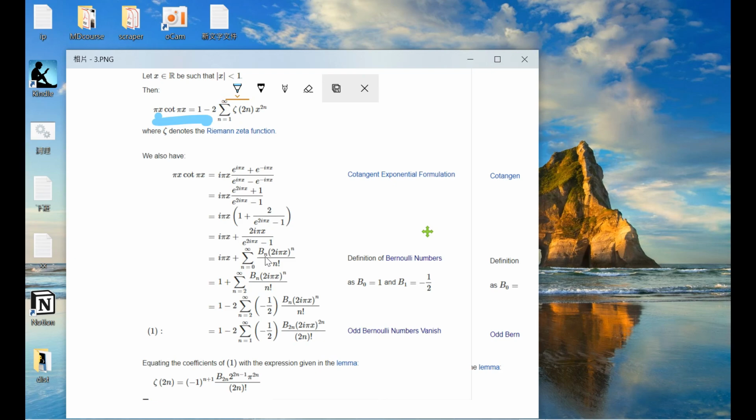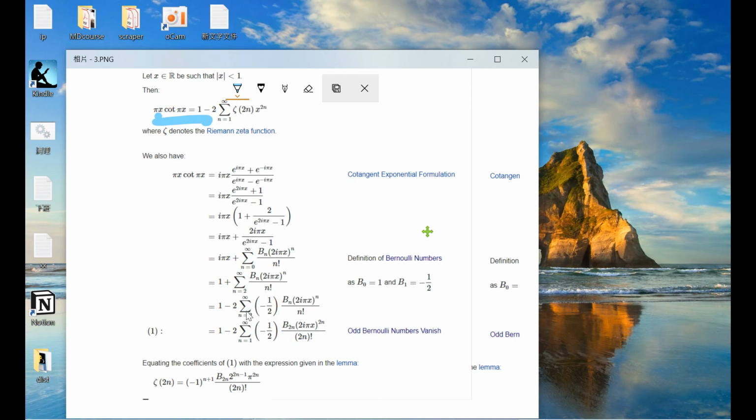So for n equals 1, the i pi x term cancels. This is because x cotangent pi x is an even function, so the odd term cancels. So you get this.